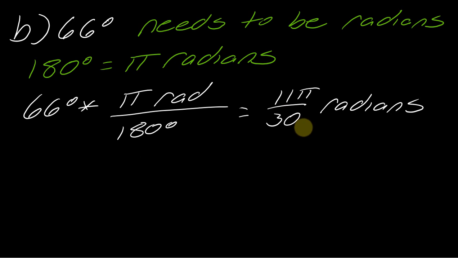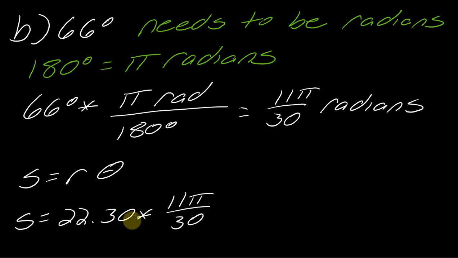You do not want to convert this to a decimal yet. Now I can use my formula S equals R times theta, because I've got everything in radians. Same radius, 22.3, and then 11 pi over 30. This is what I can multiply together to get my decimal. So I get 25.69 centimeters.